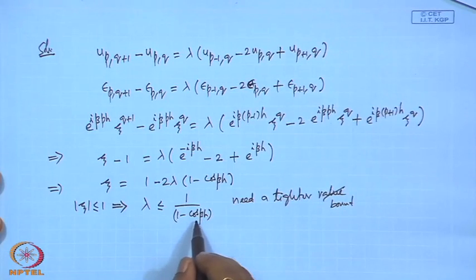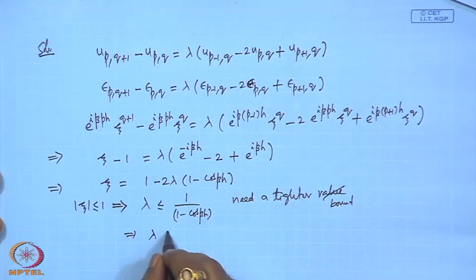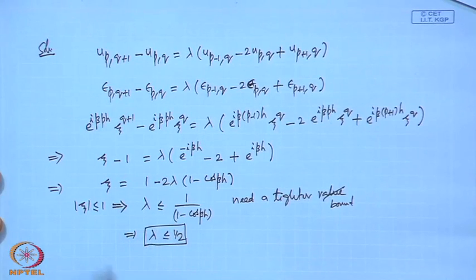So, correspondingly we may get 2 in the denominator. So, therefore, lambda is less than or equal to half. Okay. So, this is the corresponding stability region.